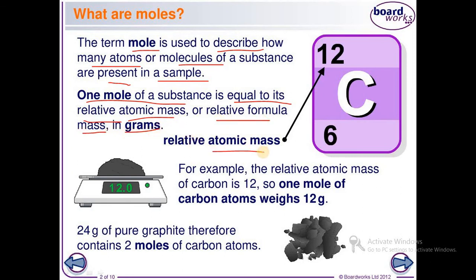For example, the relative atomic mass of carbon is 12, so 1 mole of carbon atoms weighs 12 gram. 24 gram of pure graphite therefore contains 2 moles of carbon atoms. That is, the mass number represents the mole of the substance.